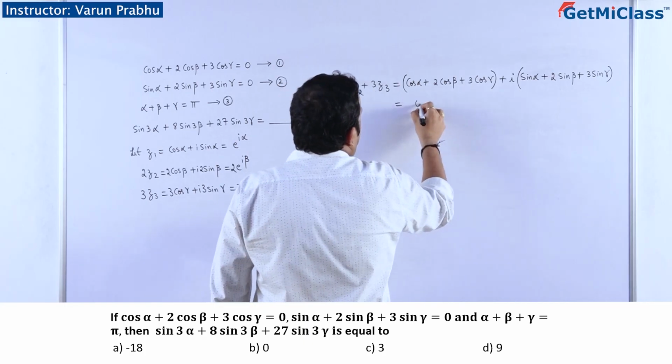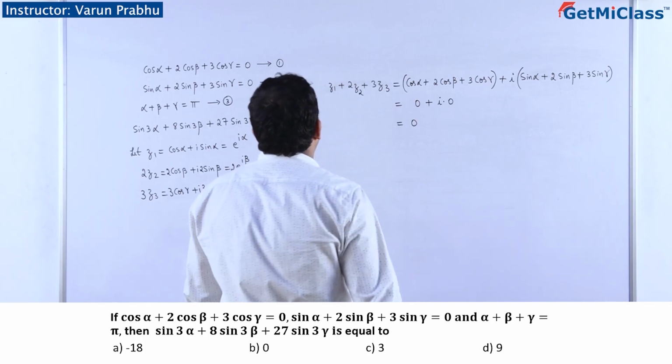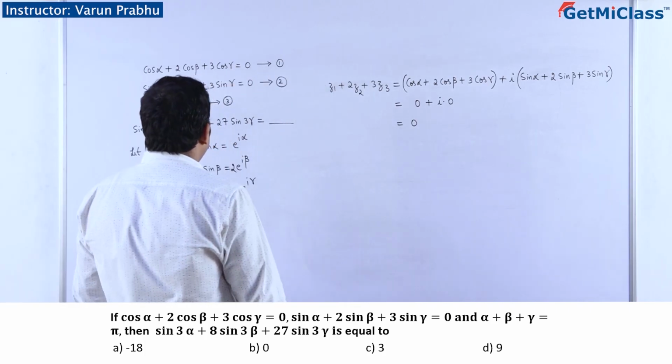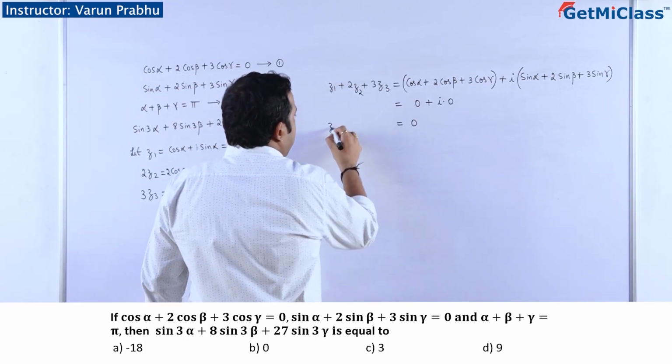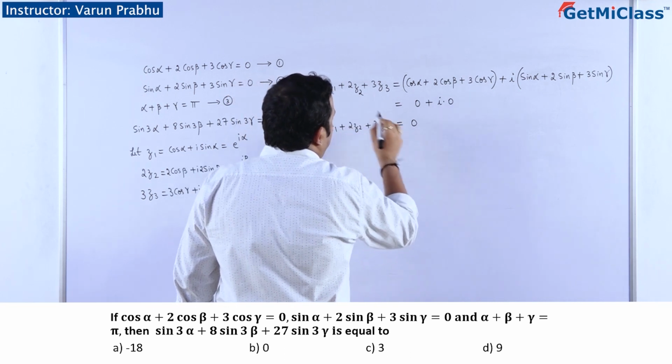So this will be equal to 0 plus i into 0. So z1 plus 2z2 plus 3z3 is equal to 0.